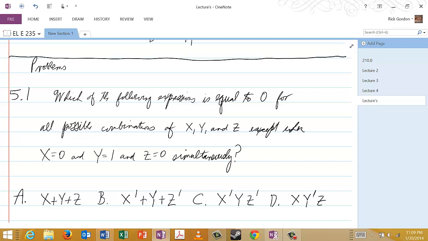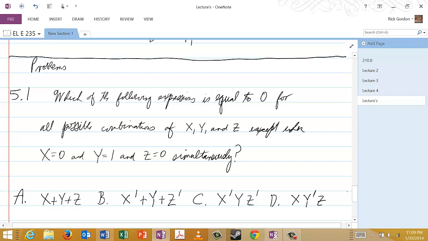So we have 8 possible combinations. In all of those combinations, the expression we're looking for is equal to 0, except the combination x equals 0, y equals 1, and z equals 0. So which of the four expressions given here, A, B, C, and D, satisfies those conditions?